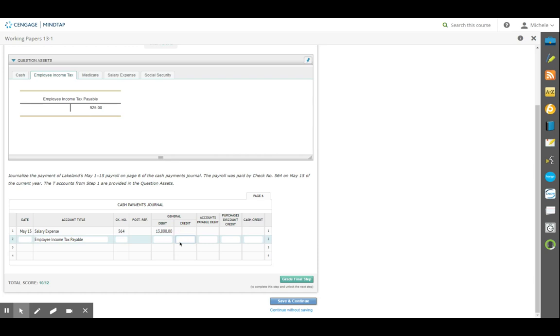So we're going to record that one, 925. Okay. The next T account that we used was the Social Security tax payable. So we're going to look at that account. And that amount was for $855.60. Next one we had was Medicare.